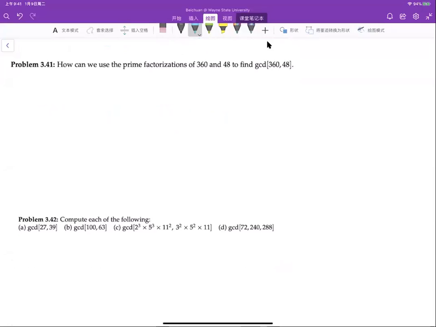So again, the first step is to list the two prime factorizations. In this case, the two numbers are 360 and 48. So let's write them down. 360 equals 2 cubed times 3 squared times 5.